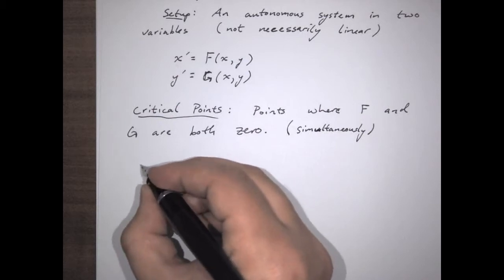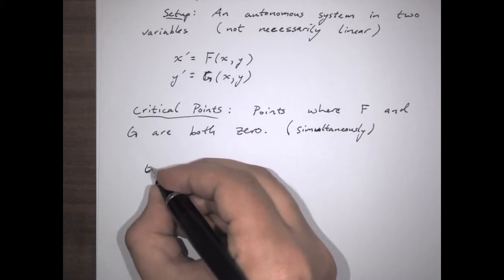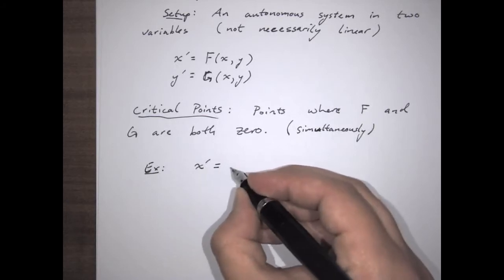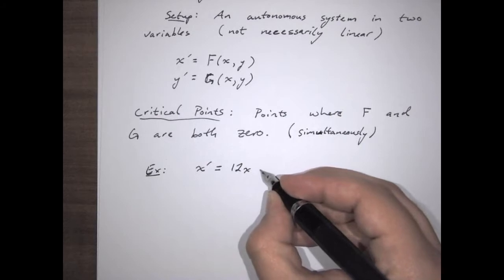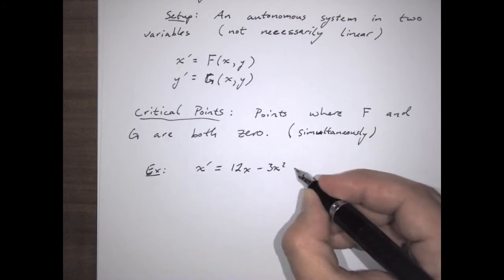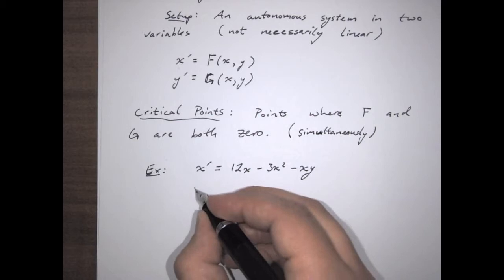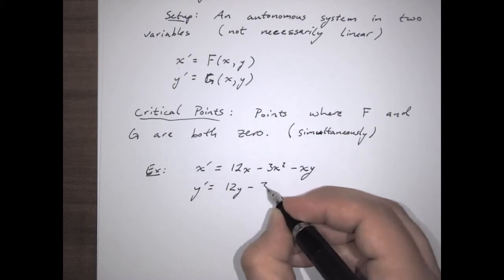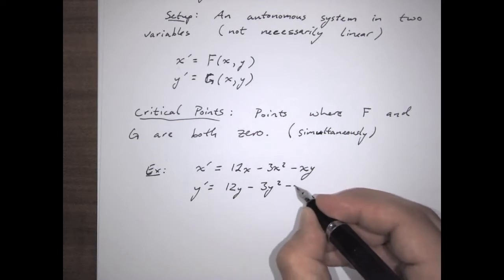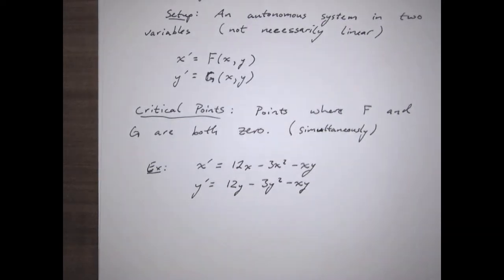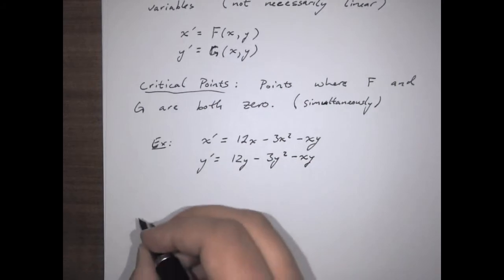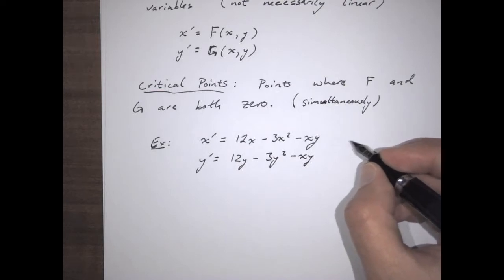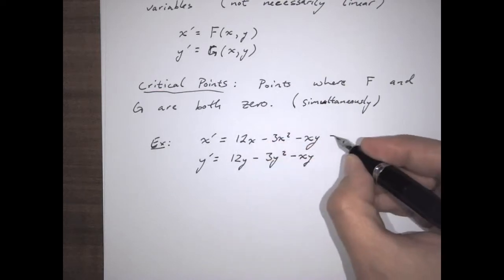So for example, if we had a system like x prime is equal to 12x minus 3x squared minus xy, and y prime is equal to 12y minus 3y squared minus xy, so basically all the x's become y's, all the y's become x's, then we would be looking for the pairs of values x and y that simultaneously make this 0 and this 0.